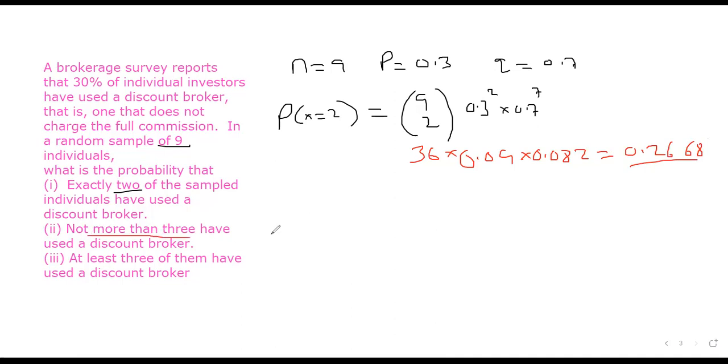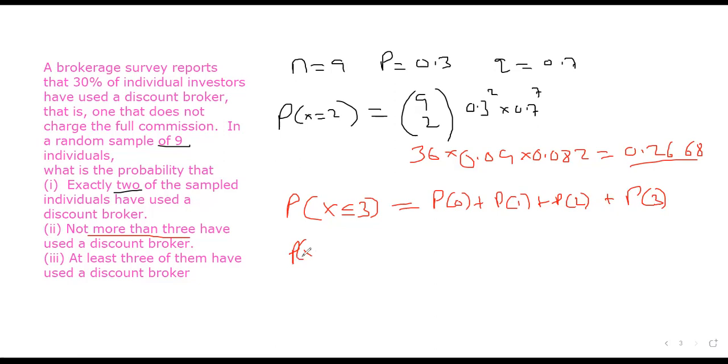And no more than 3 means don't exceed 3, so let's say up to and including 3. What we're looking for is the probability of 0, 1, 2, and 3. Since we already have the probability of 2, we can just find the others: 0, 1, and 3.